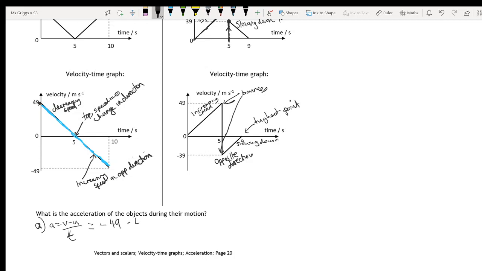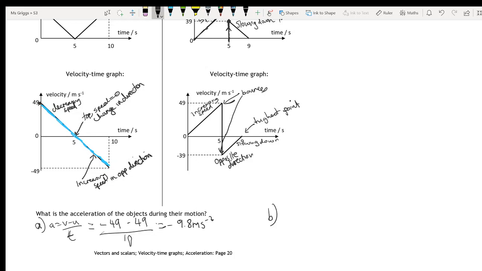The initial speed was 49, and the time taken was 10 seconds. So minus 49 minus 49, over 10, gives you minus 9.8 meters per second squared, which we know is correct because there's nothing else acting on it other than gravity, so it's accelerating due to gravity.